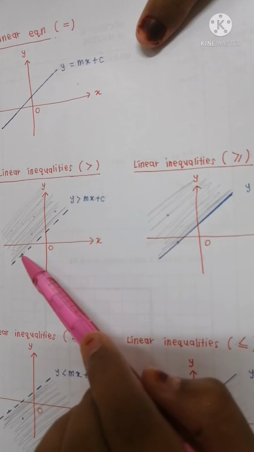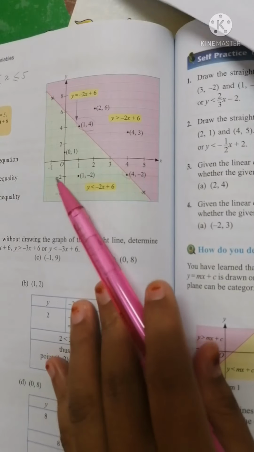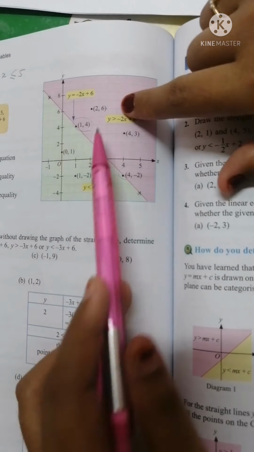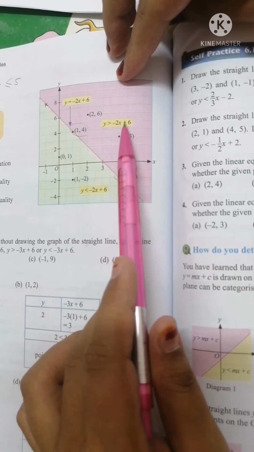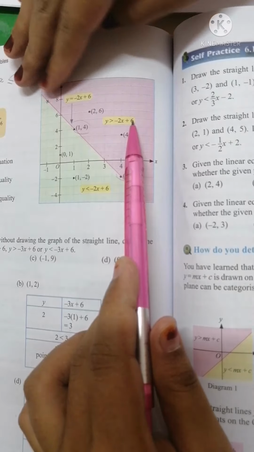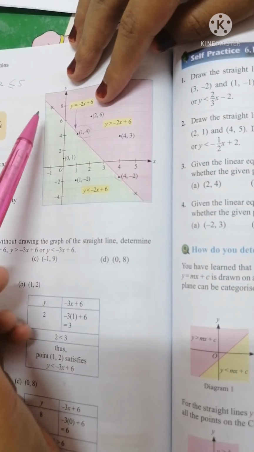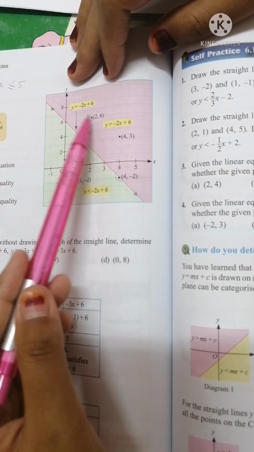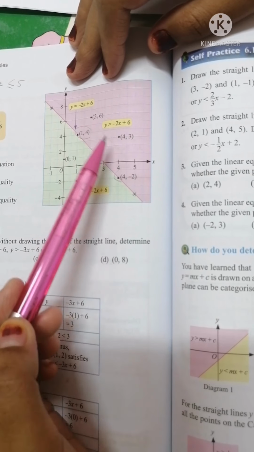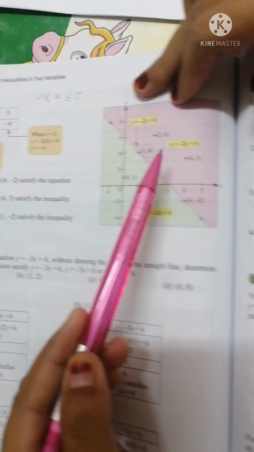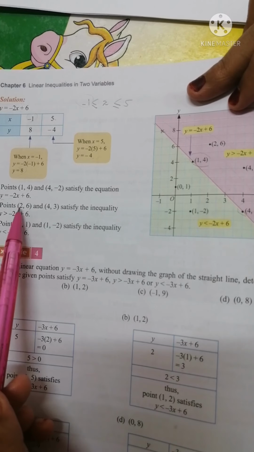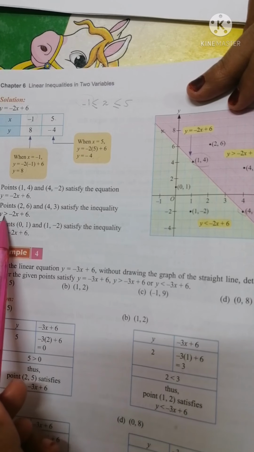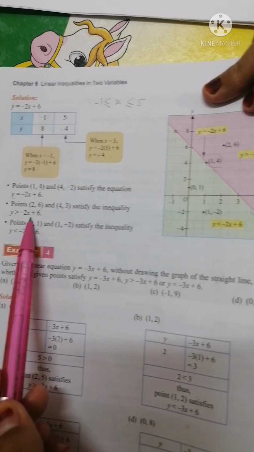This is the straight line, so for y greater than -2x plus 6, it is the region above the straight line. So which points? (2, 6) and (4, 3). Based on the solution here, (2, 6) and (4, 3) satisfy the inequality of y greater than -2x plus 6.